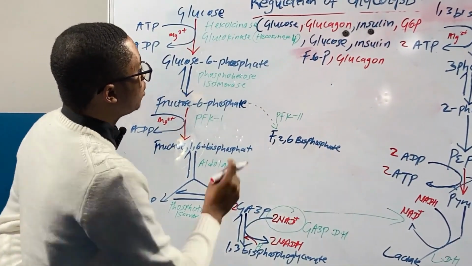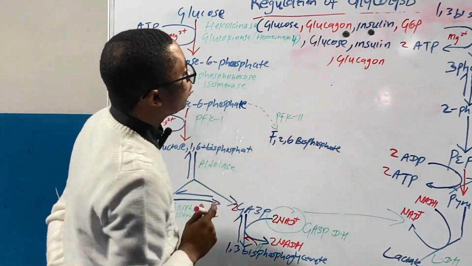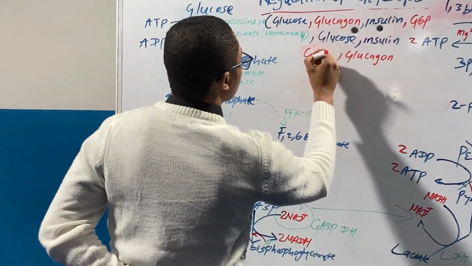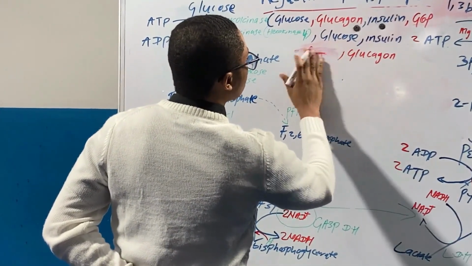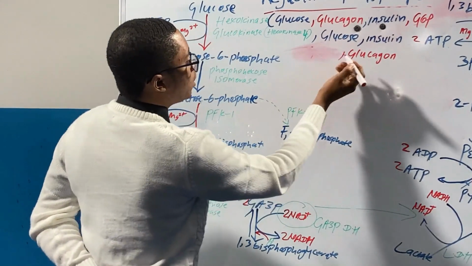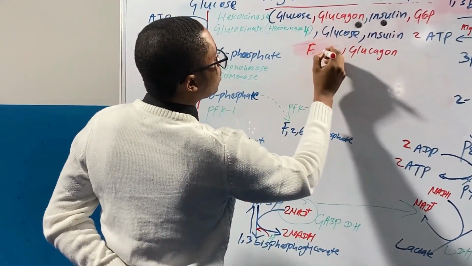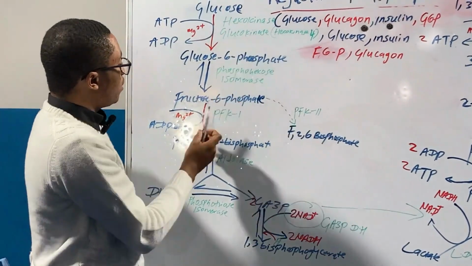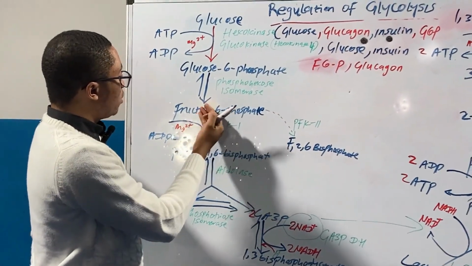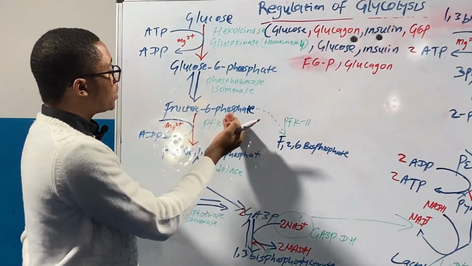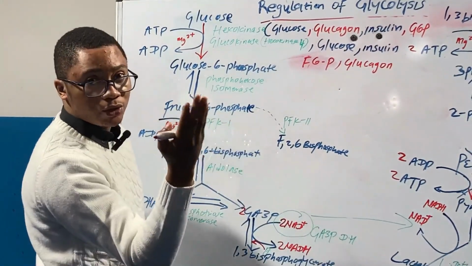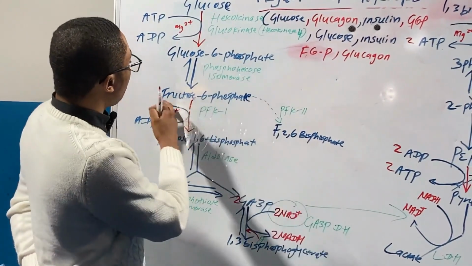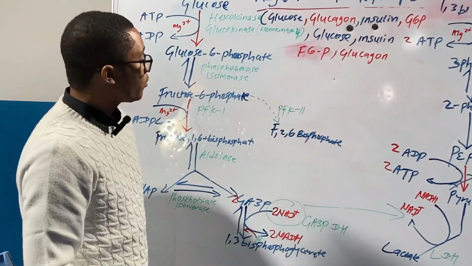Remember, fructose phosphate is an inhibitor of this process. It's not a stimulator, sorry about that. Fructose 6 phosphate is an inhibitor because, since glycolysis is going smoothly, the level of fructose phosphate increases in the body.